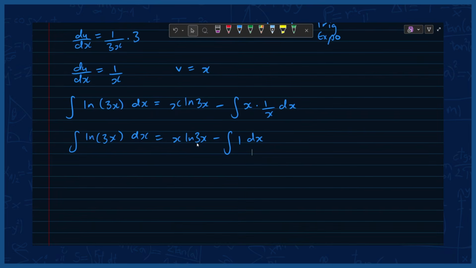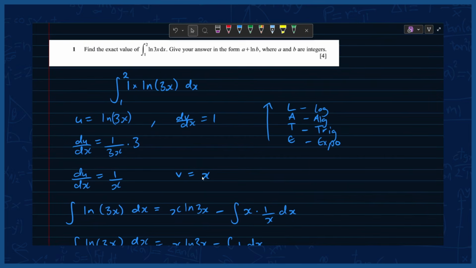So we need to integrate 1. So the integral of ln 3x with respect to x is equal to x ln 3x minus, if you integrate 1, you just get x plus a constant of integration. And now we can bring back our limits.